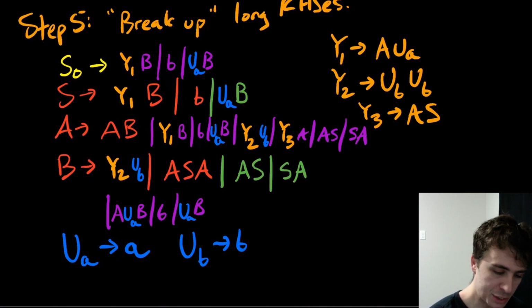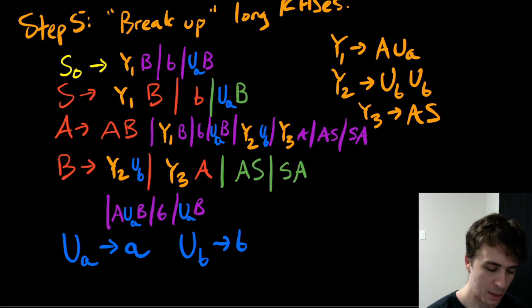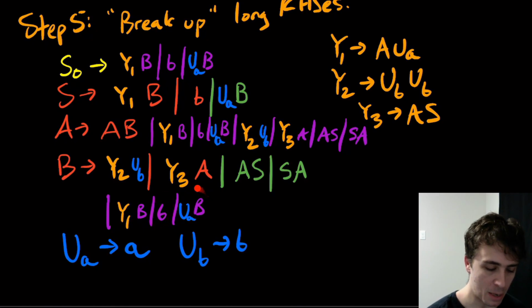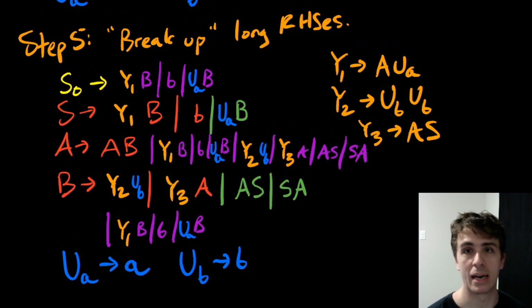The AS was Y3. The AS and SA don't need to be modified. The AU sub A we already did, that was Y1. And this one doesn't need modifying, this one doesn't need modifying, and these two obviously are okay.